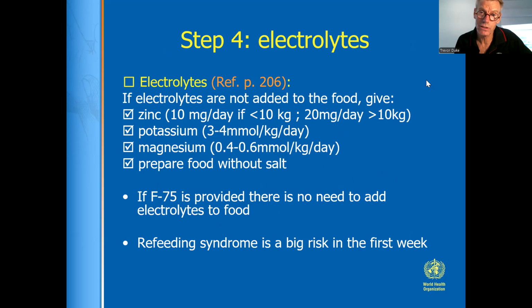Fourthly, electrolytes, which is a step in the management of severe malnutrition. If you're giving F75, there's no need to think too much about electrolytes to begin with because it has all those electrolytes in it. But if you don't have F75, then you certainly need to give extra zinc and sometimes extra potassium and sometimes extra magnesium.